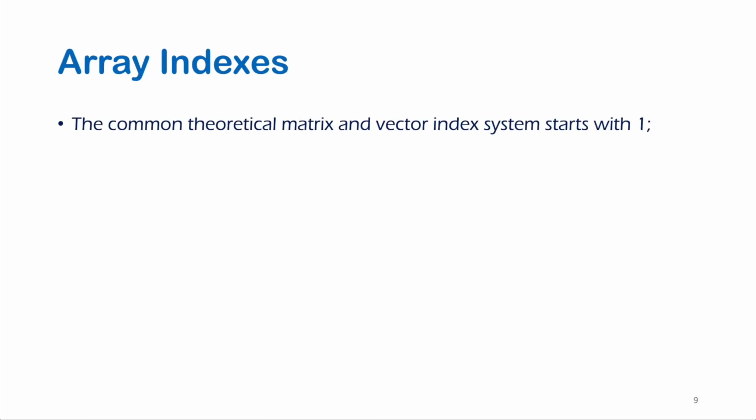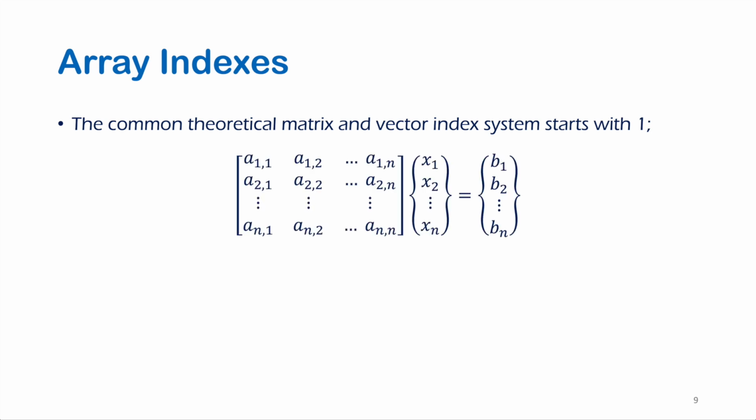Up to this point in this tutorial, we used the common index or subscript system for matrix and vector elements in the textbooks and references of linear algebra and mathematics in general, where the index of the first element is 1 and the last element is n, as shown here.